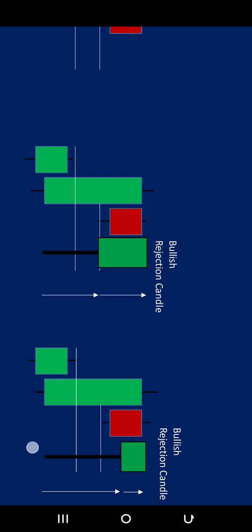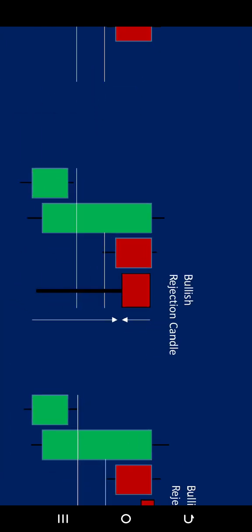Now likewise, this one is also a rejection candle with a long wick and a small bullish body. It shows the intention of price moving upward. I believe we've been able to establish that. Now let's take a look at this too.